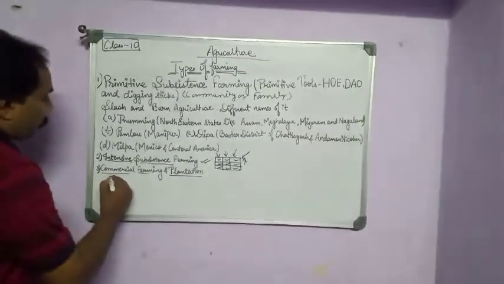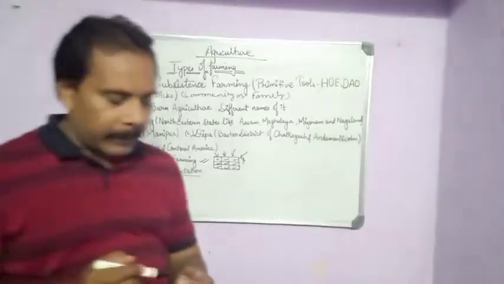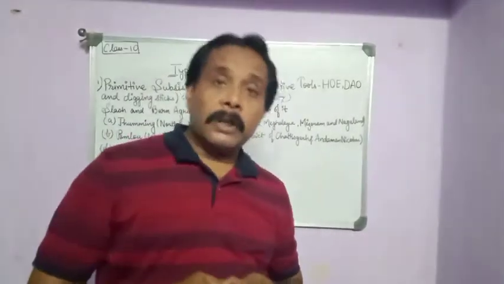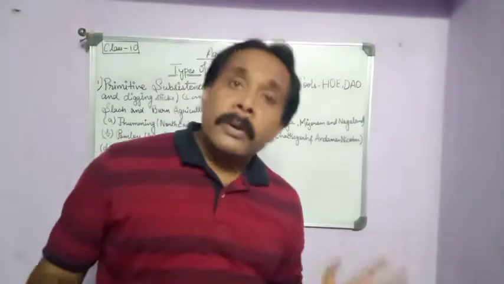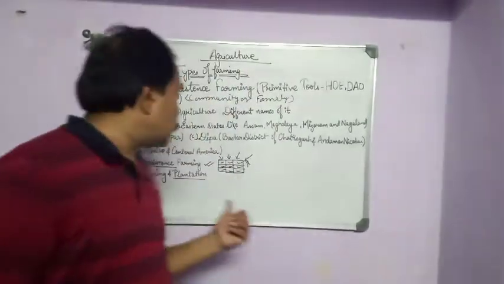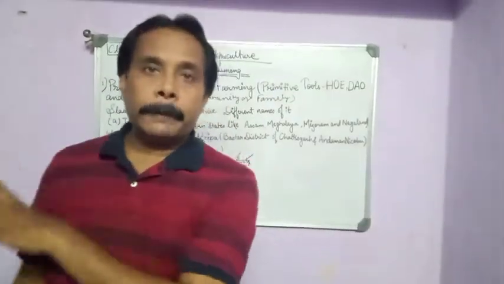Now this is the most important, that is the commercial farming. So commercial farming is a farming in which we use modern technology. In other words, we can say it is based on capital intensive method.